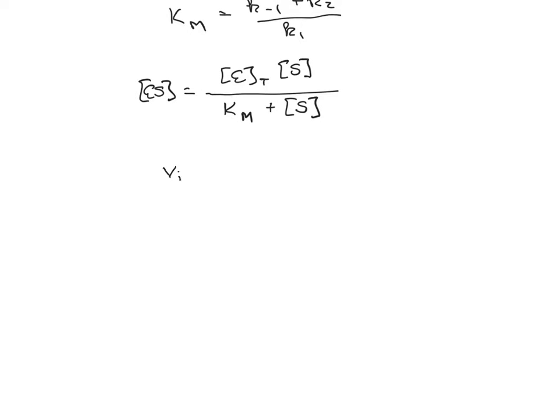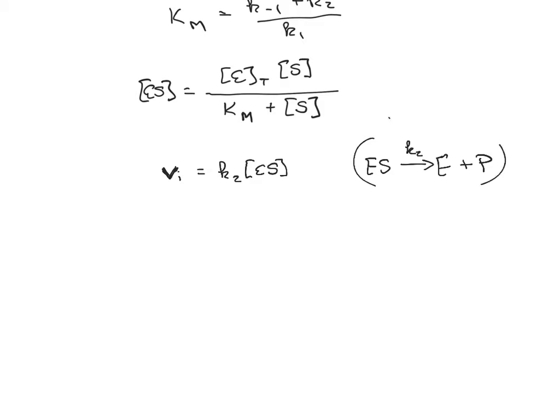So the initial velocity, how fast this thing is going, even right at the beginning, is going to be equal to the elementary step of that second reaction, which would just be K2 times the enzyme substrate complex. Because remember, that part of the reaction had enzyme substrate complex going irreversibly with a K2 rate to enzyme and product.